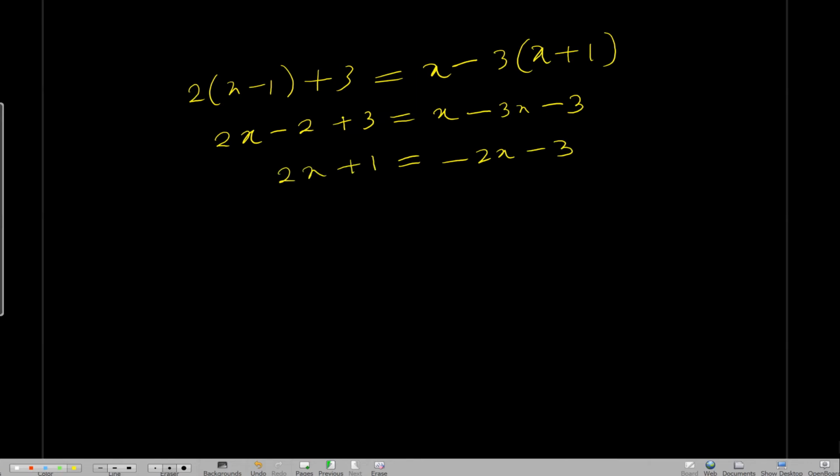Now I can add 2x to both sides because I like to have all my x's in the left hand side. See, when I add 2x, in order to balance that, I must add, let me choose another color.